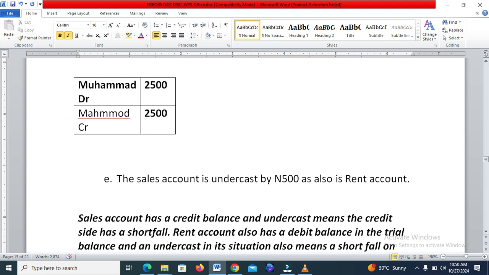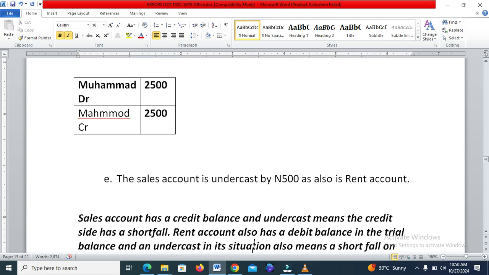That is, the credit side of our trial balance has reduced by 500 naira. And rent, in the same vein, if there is an undercast of rent, it means our rent account has reduced by 500 naira. Since rent is also a debit nature, it means our trial balance has also reduced on the debit side by 500 naira.